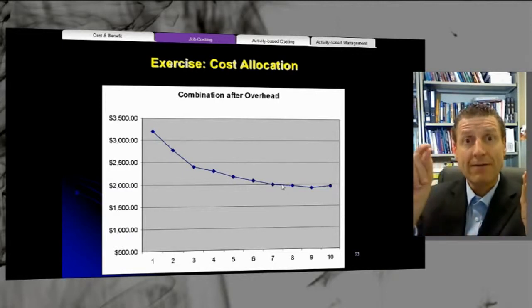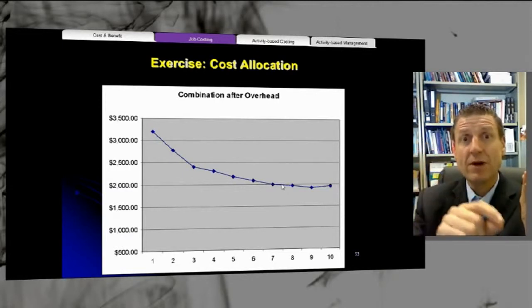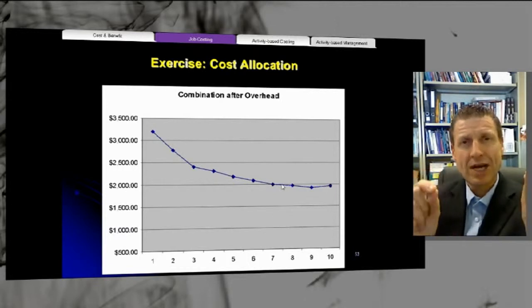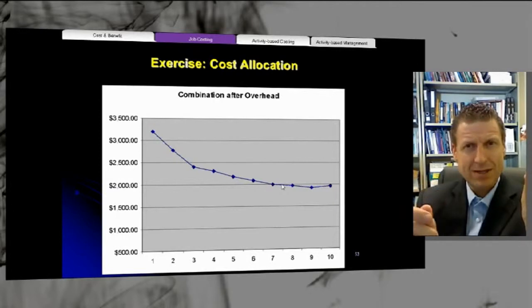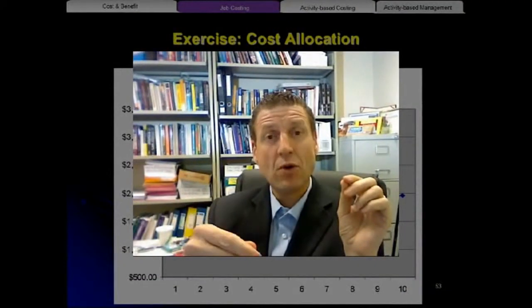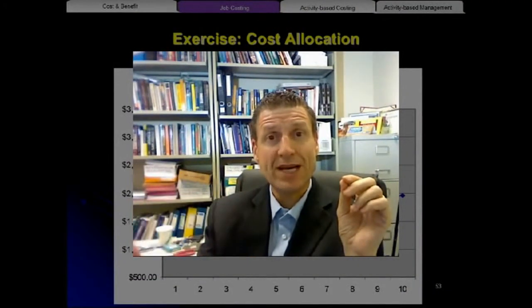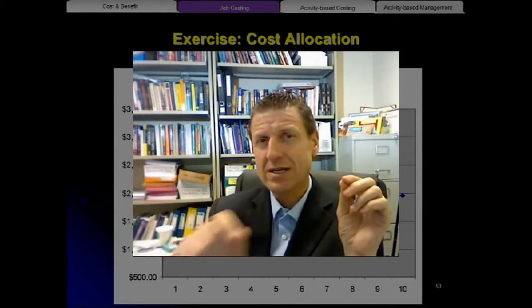Maybe we have a finer adjustment of the allocation of overhead here, but that may not change our decision to use combination 9. Or maybe it changes our decision to combination 8 or combination 10. Maybe that's not a big point, you see? So therefore, we may not need new information or a more sophisticated costing system to actually change our decision here.